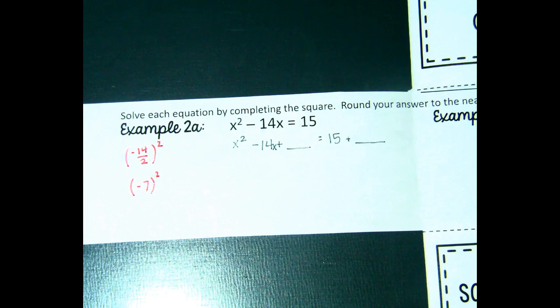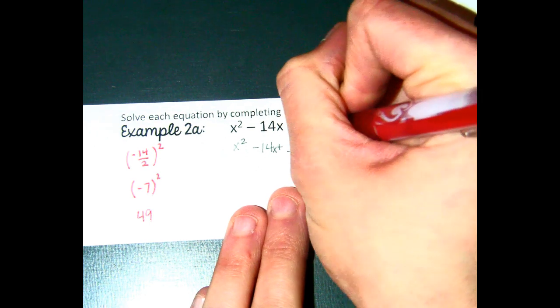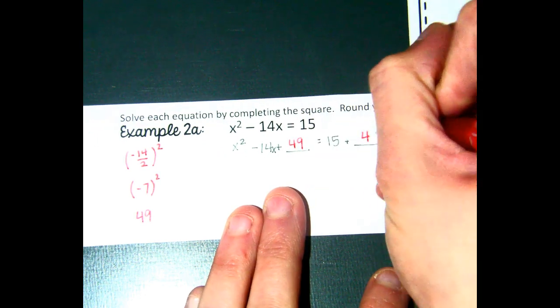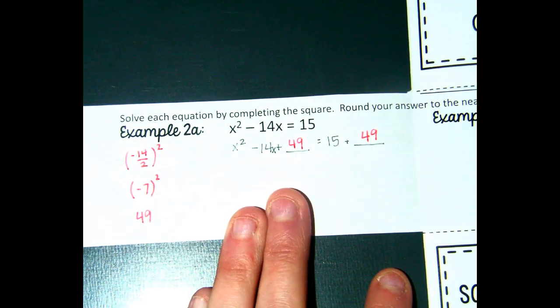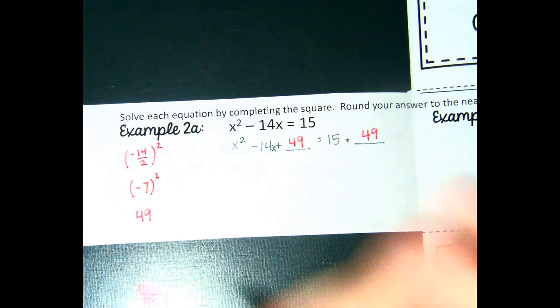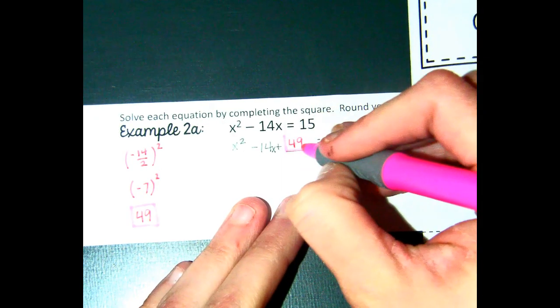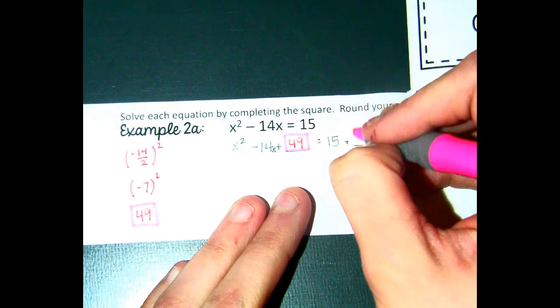What is negative 7 squared? I'm going to put it here and here. That came from right here. Where it came from.